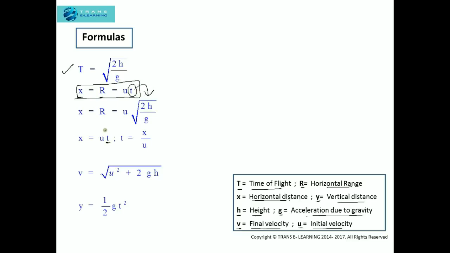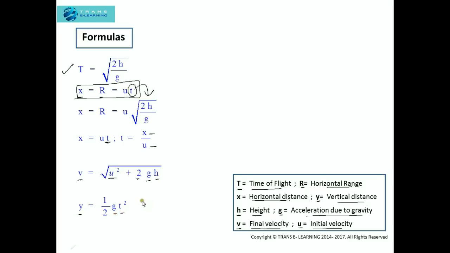We just have to arrange the equation. T will be equal to the horizontal distance upon the initial velocity. Now, if we want to find the final velocity, that is equal to the square root of initial velocity square plus 2 into acceleration due to gravity into height. And the vertical distance is equal to half acceleration due to gravity into time of flight square.